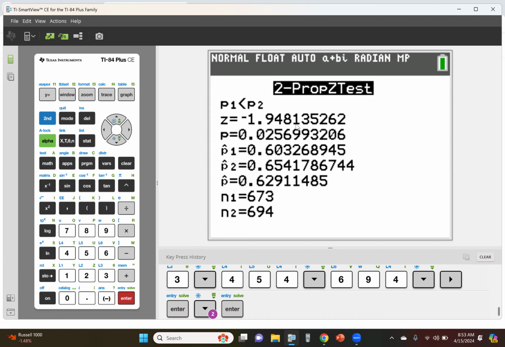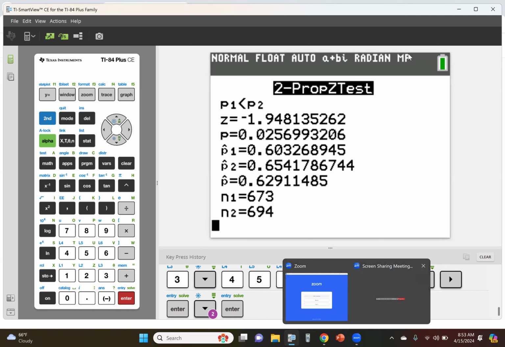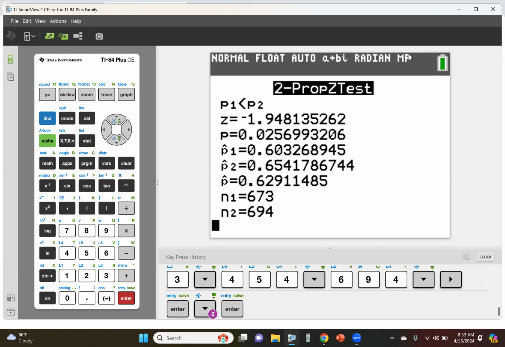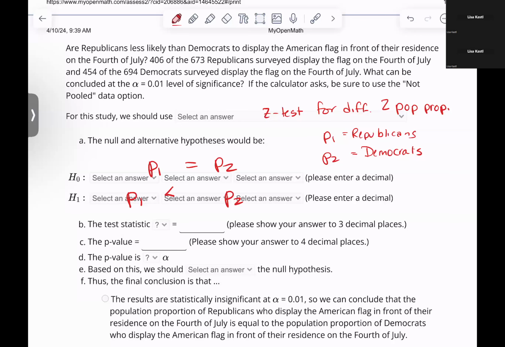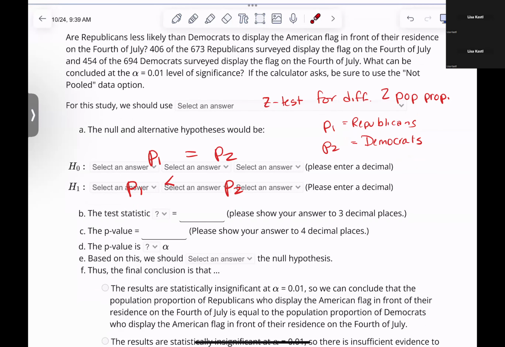Their answer was negative 1.950. I don't think so to 3 decimal places. I think I'm right and they're wrong. It counted it wrong, so don't get bent out of shape if you see it counts that wrong, because I will be sure to check it.